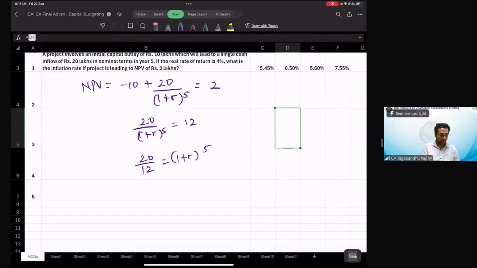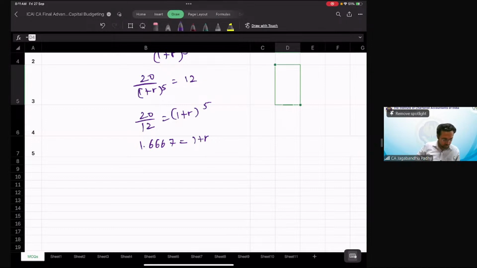Now, how much is 20 divided by 12? 20 divided by 12 is 1.666. That's equal to (1 plus R) raised to 5.